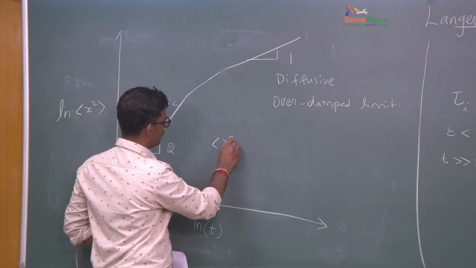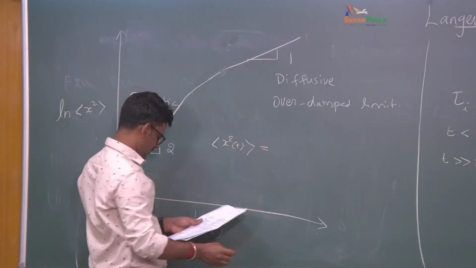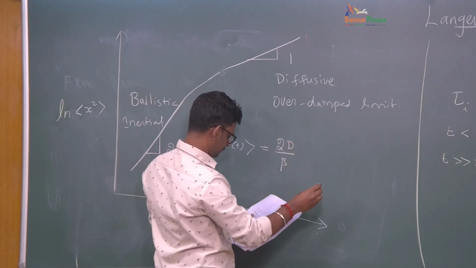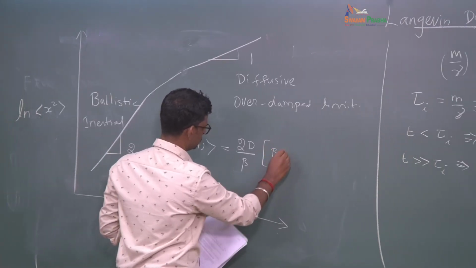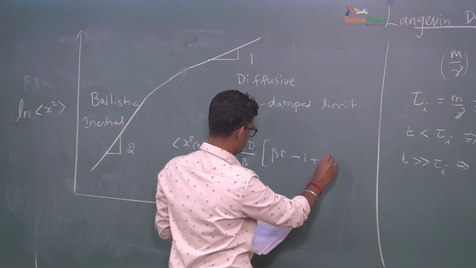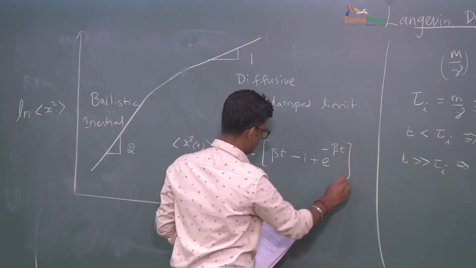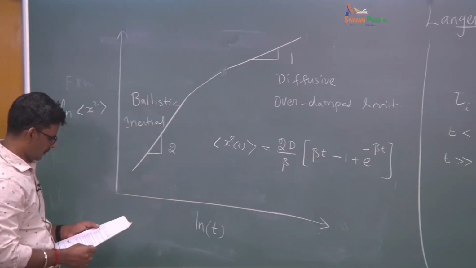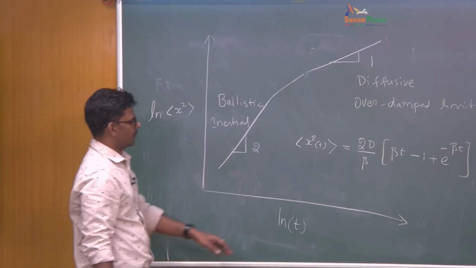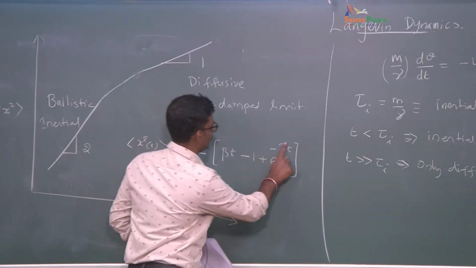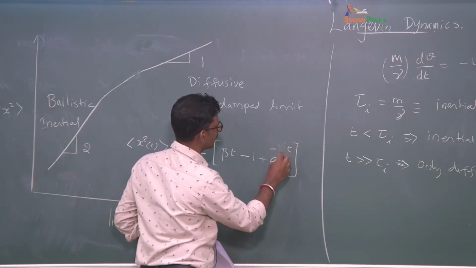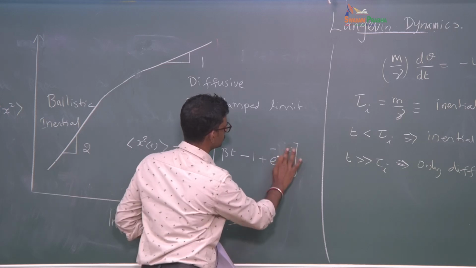He gives x squared as a function of t as the following. Maybe I can replace beta with 1 by tau.